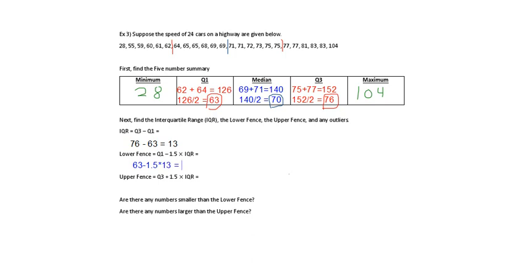And that is equal to 43.5. And now, in a similar fashion, we can do the upper fence. The upper fence will be 76 plus 1.5 times 13. And that's equal to 95.5.